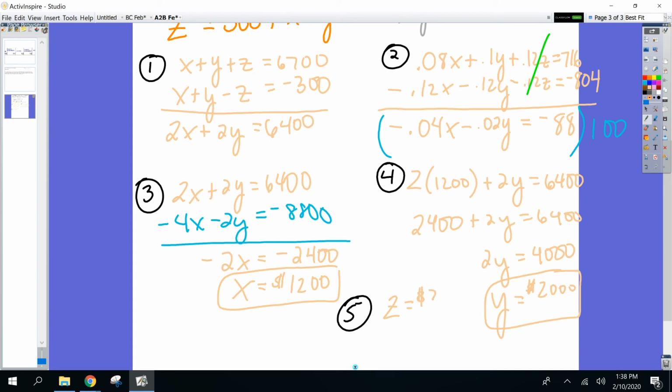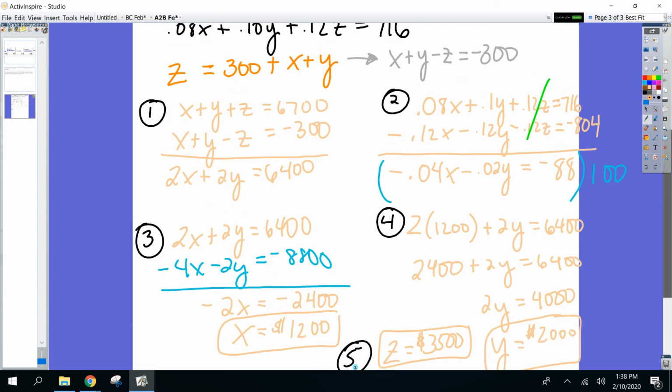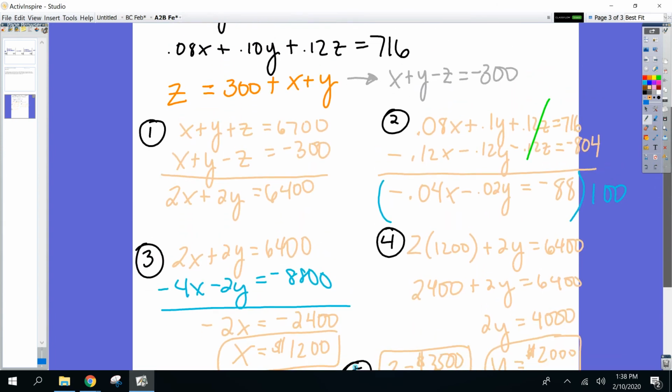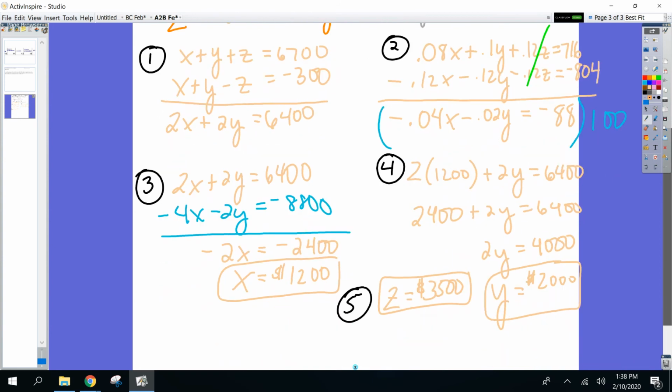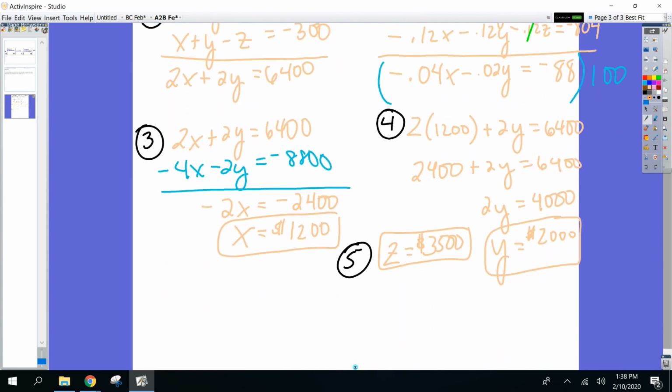Got it. 3,500 at 12%. Keeping it organized. You guys good? My plan on the next one, let's set it up together, and then you can work with people around you to solve it. And then that's it.